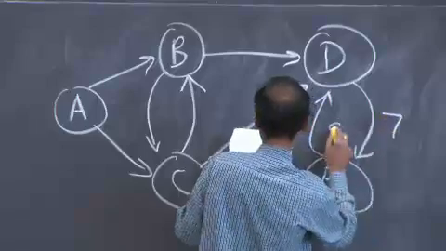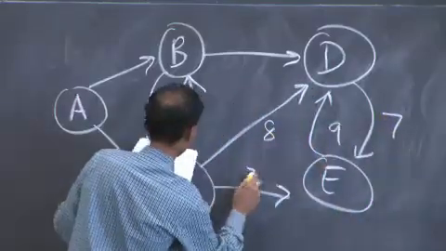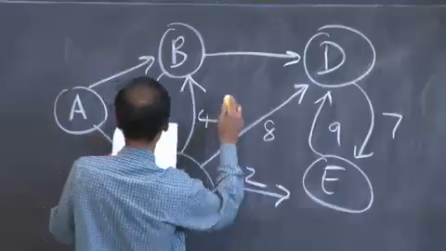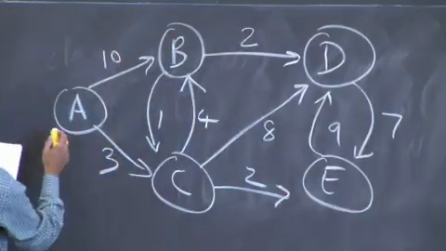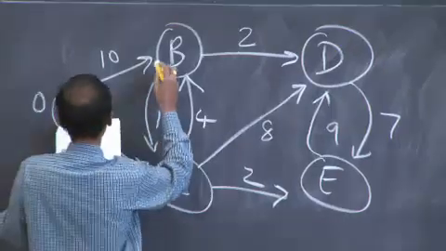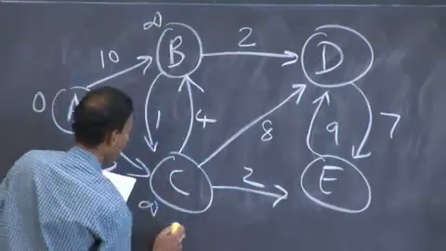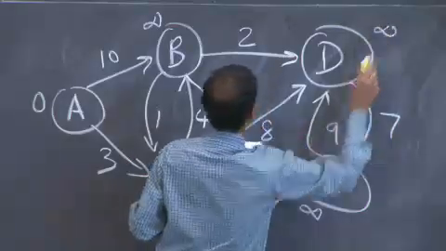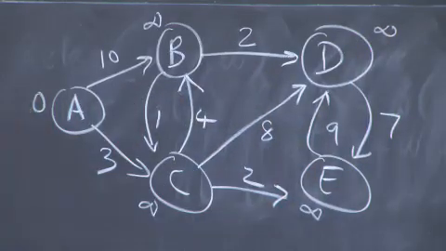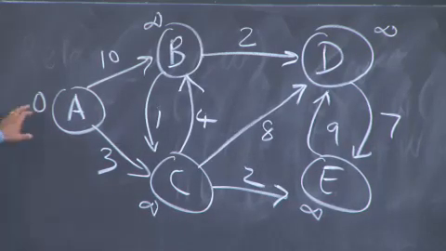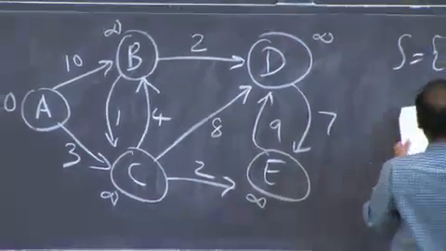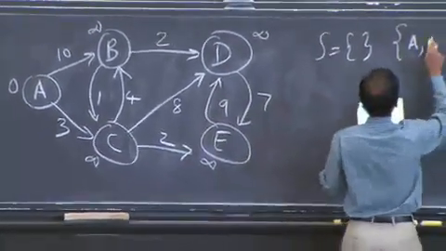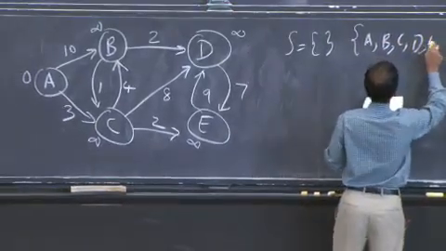So that's 7. Right. You start with A being the starting vertex. So d of A is 0, and d of B through E are all infinity. S is null to begin with, and Q has all 5 vertices in it.